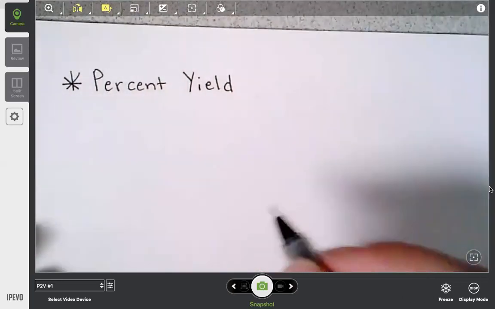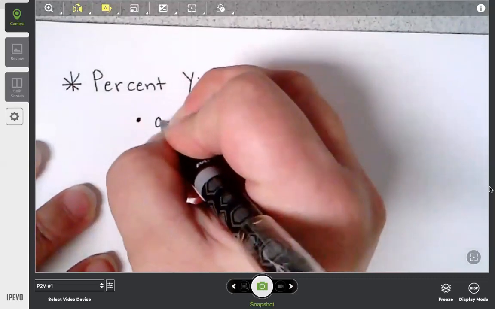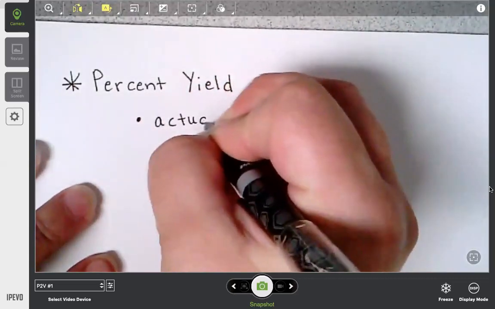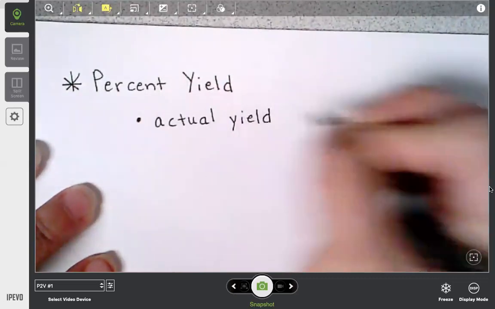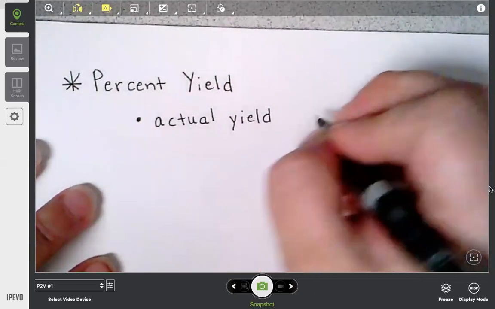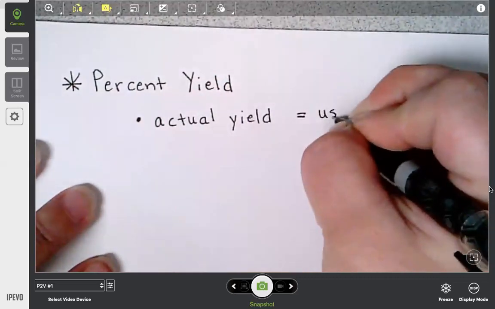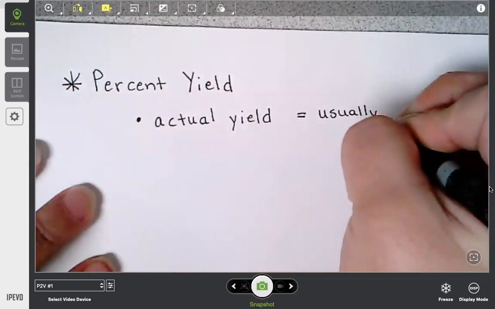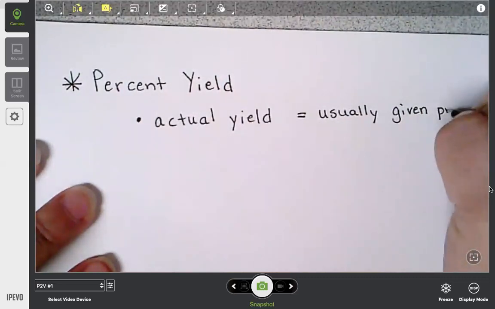Percent yield is calculated with 2 things. There's something called the actual yield. The actual yield is usually given in the problem. Sometimes it's in a table.